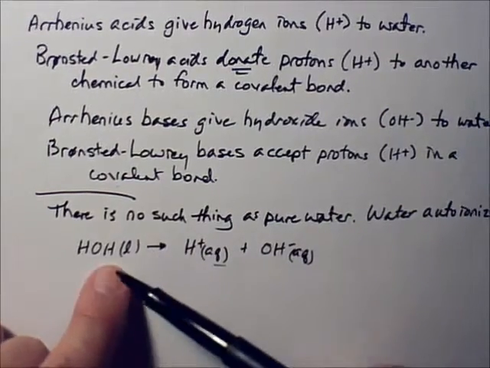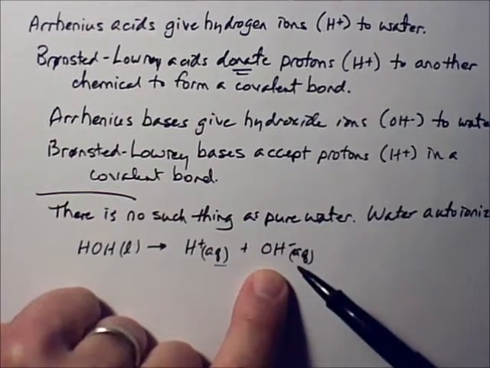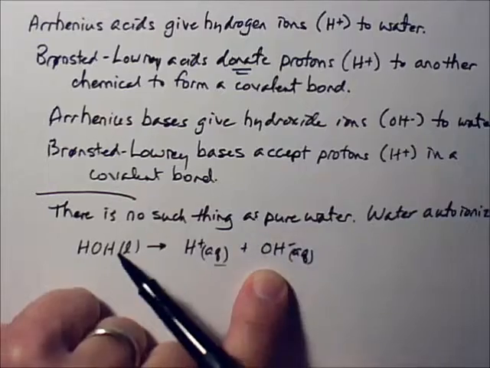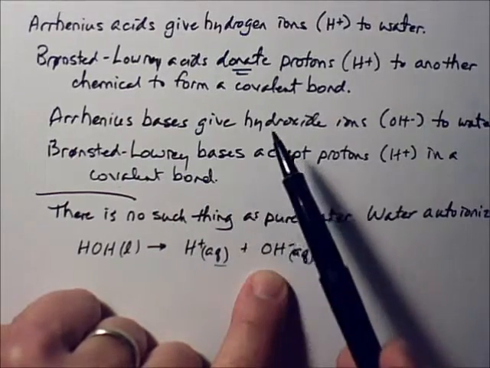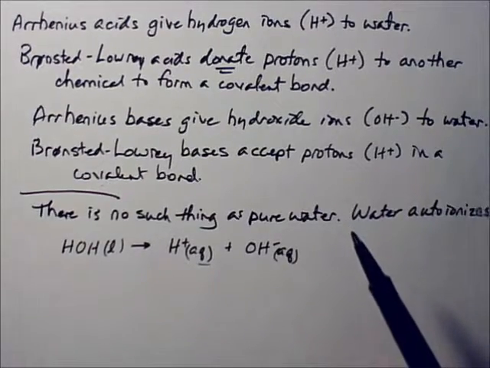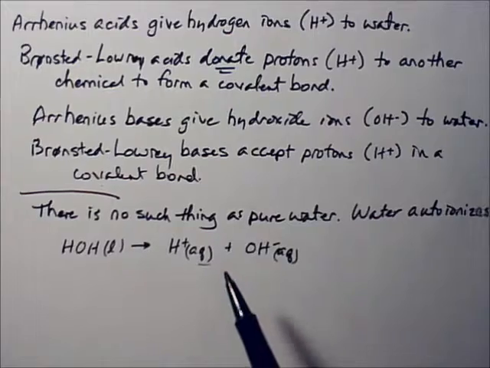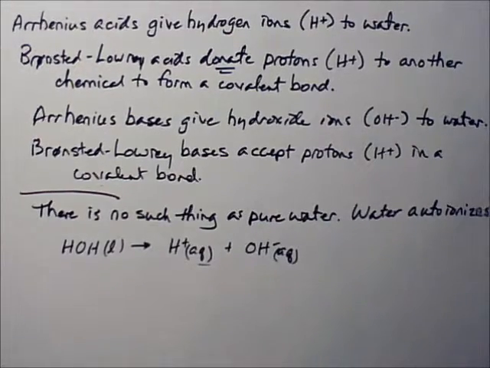Now, since water donated a hydroxide ion to water, aqueous means in water, what does that make this? It's a base. Water is both an acid and a base. Up to now, you probably thought about water as being neither acid nor base, right? In fact, to a chemist, water is both an acid and a base.